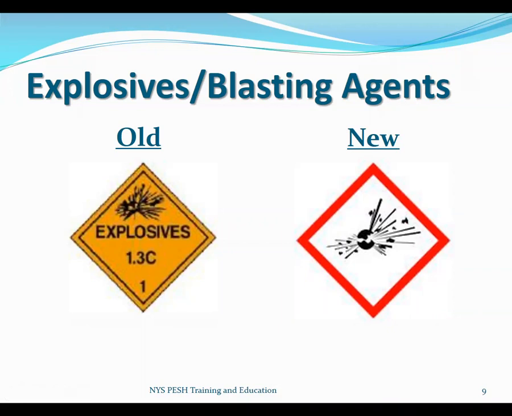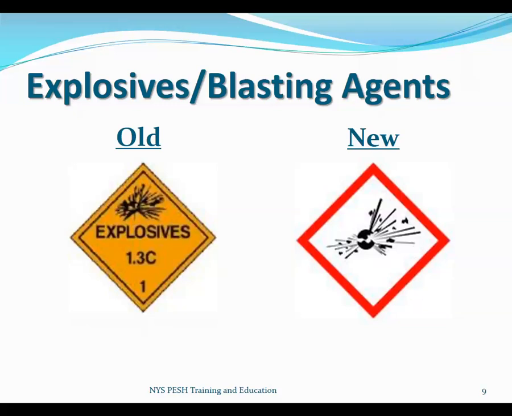This is part 2. We're going to talk about some pictograms, the new pictograms as they compare to the old pictograms. In this specific case here that you see on the screen, they have the explosives or exploding bomb pictogram. The old one is a yellow diamond encasing explosives, a category number, and a picture.